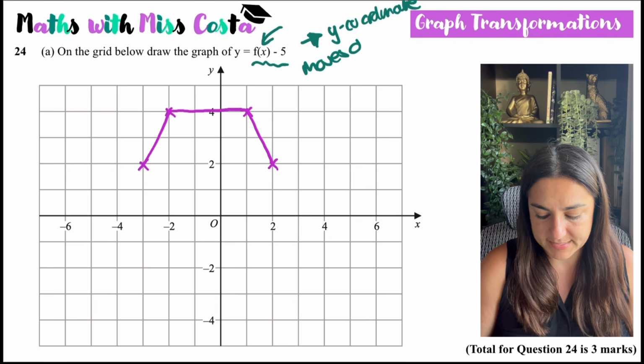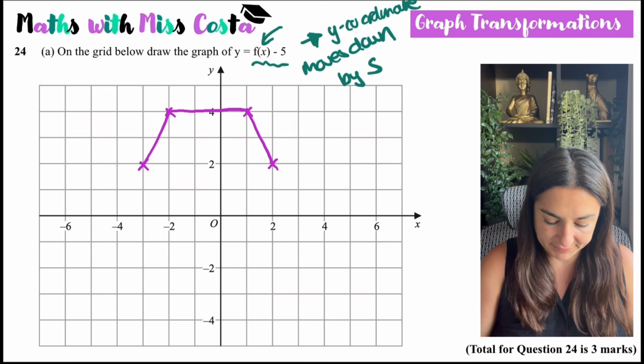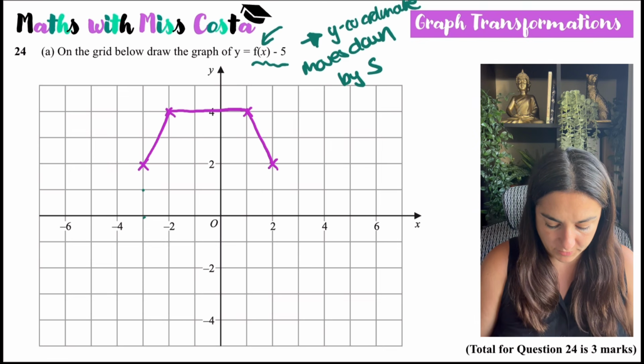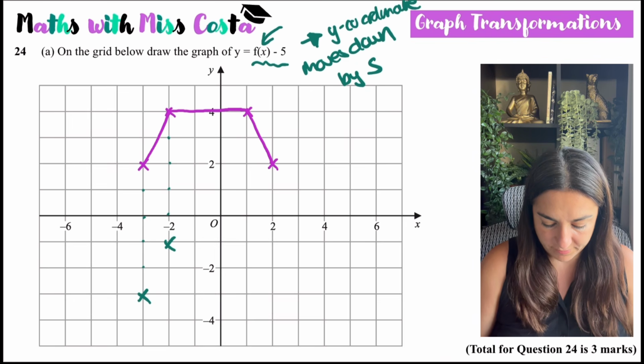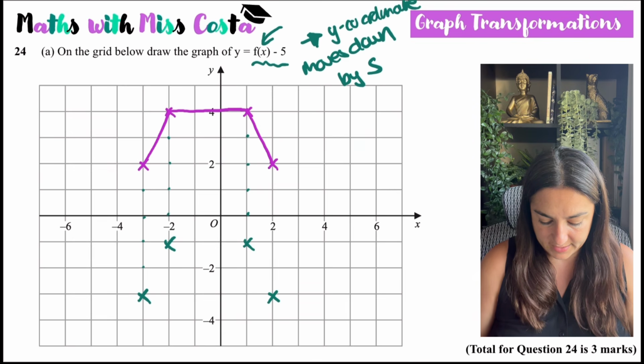The x values stay the same. I'm just going to go 1, 2, 3, 4, 5, 1, 2, 3, 4, 5, 1, 2, 3, 4, 5, and here. So this is the first part of the question.